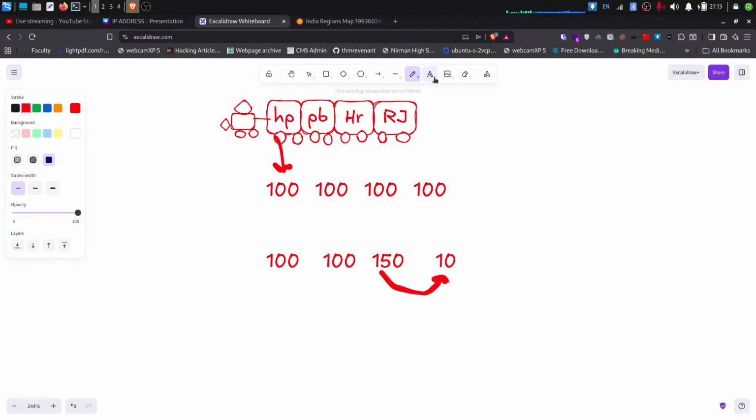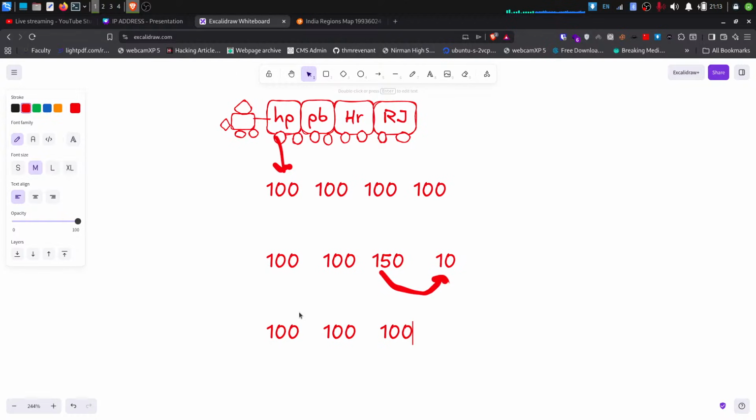Now the new schedule or new tickets, whatever it is, is 100 and 60. We have transferred 50 extra people from Haryana's coach to the Rajasthan coach just to save resources.